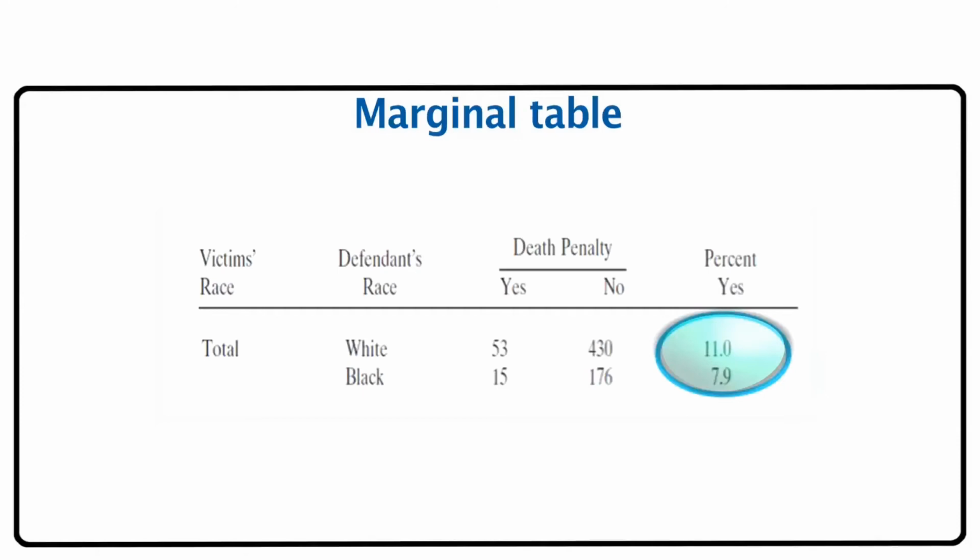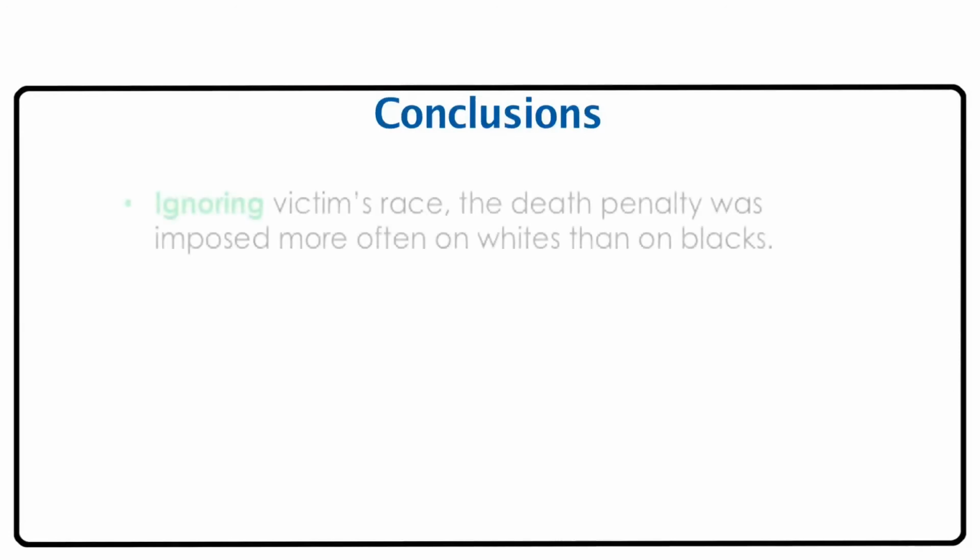So this suggests that white defendants are more likely to be awarded the death penalty than black defendants. So we get a set of contradictory conclusions.